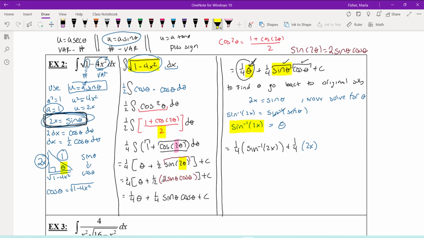And the cosine of theta is adjacent over hypotenuse, which we found right here, so we're looking at the square root of 1 minus 4x squared. Let's finally distribute this, and we end up with 1/4 times the inverse sine of 2x. Here my 1/4 and 2 will reduce, and I have 1/2 x times the square root of 1 minus 4x squared plus C.